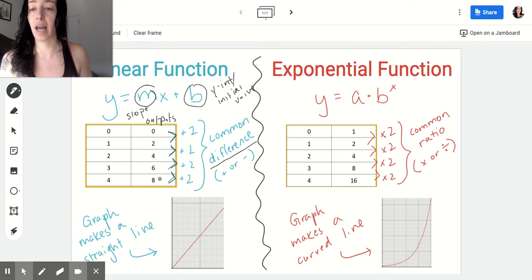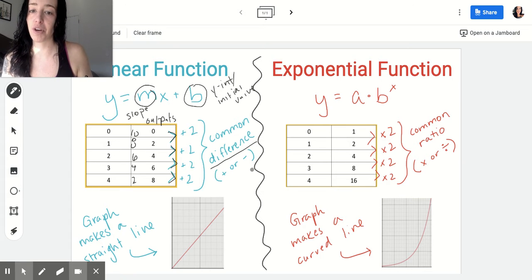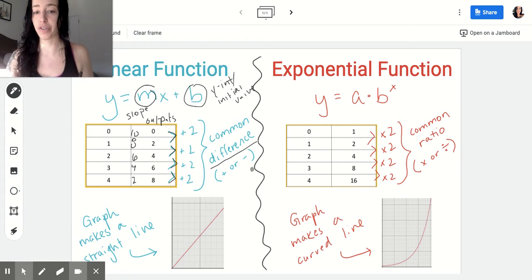Or you could see a linear function that subtracts by the same amount each time. So for instance, if I had 10, 8, 6, 4, 2, right? That would be subtracting by 2 each time. So that's what we call common difference. We either have addition or subtraction as we see the outputs change.